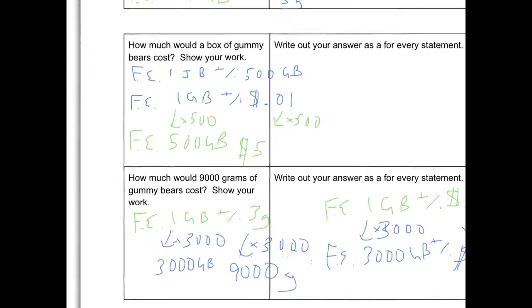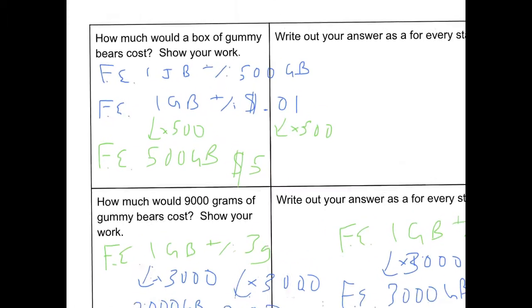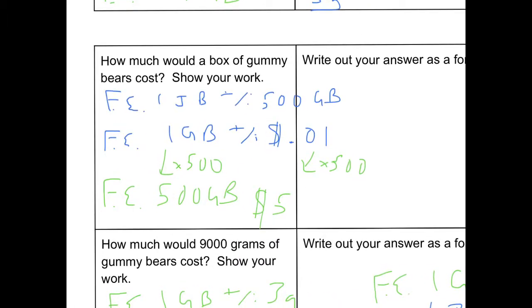So I did the work here, and I accidentally didn't talk. So from the back side here, I know that 1 jumbo box was 500 gummy bears, and 1 gummy bear was a penny. So I really want 500 gummy bears, which is times 500, and that penny is going to be times 500, so that'll be $5.